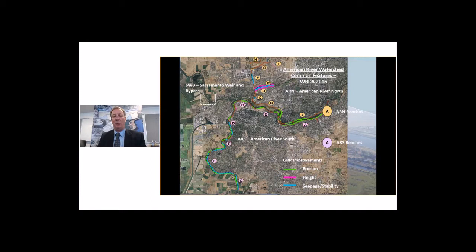One thing about the Sacramento Weir is that its performance, as we talked about, is at 112,000 CFS. The whole effort, with all these improvements along the Sacramento Weir, is that the water can flow out of the American River at 160,000 CFS versus its current 115 design, and then make its way out through the Sacramento Weir and the Sacramento Bypass at 160,000 CFS.